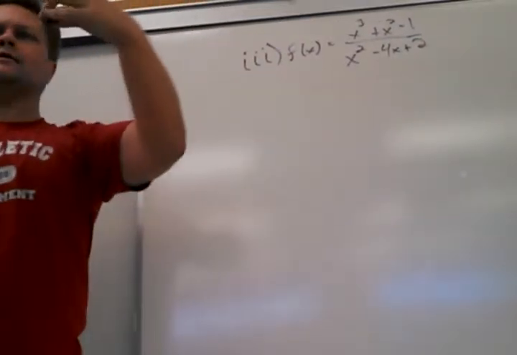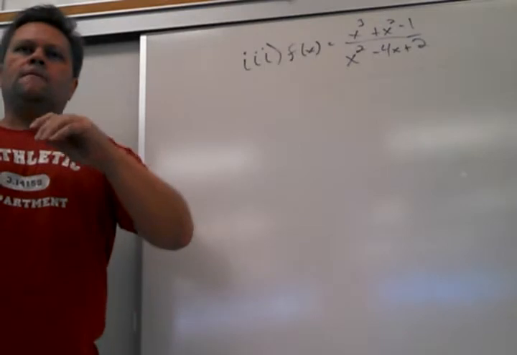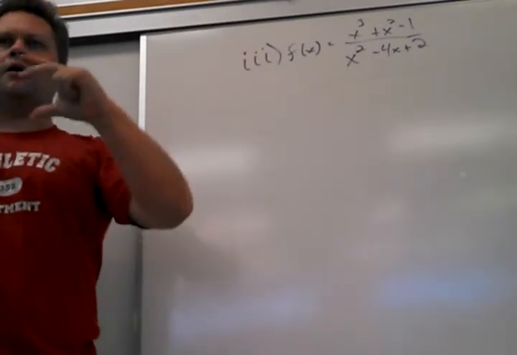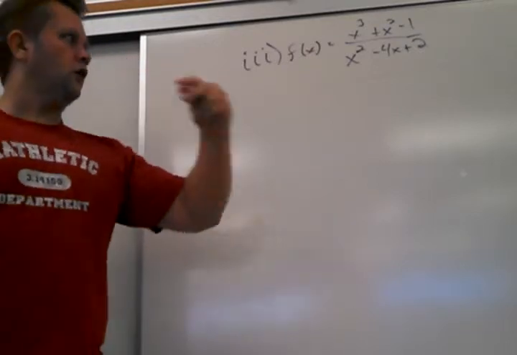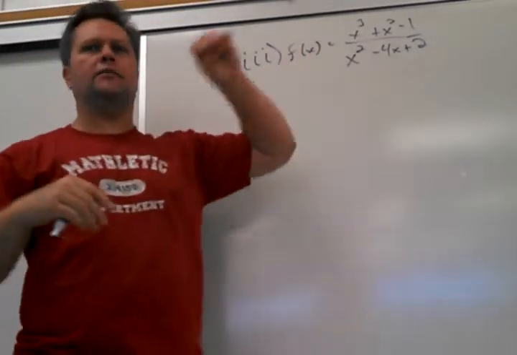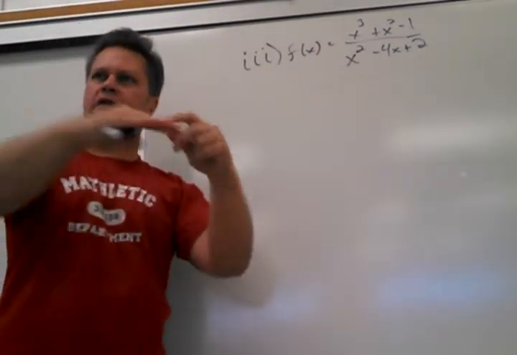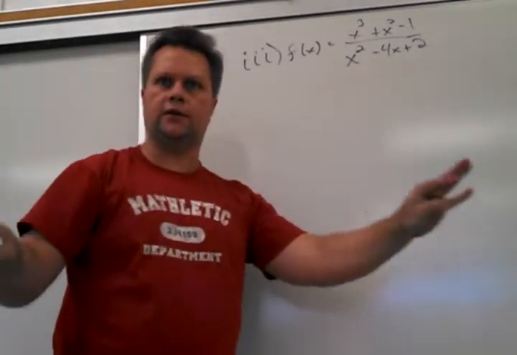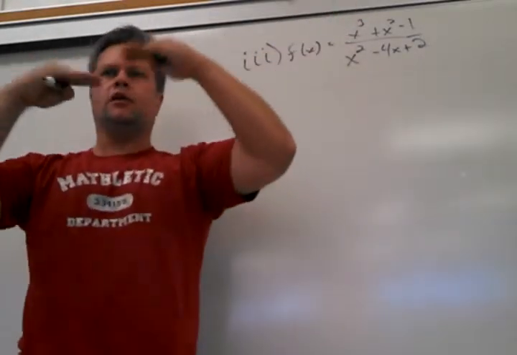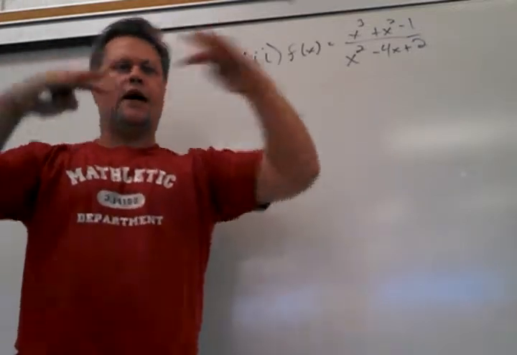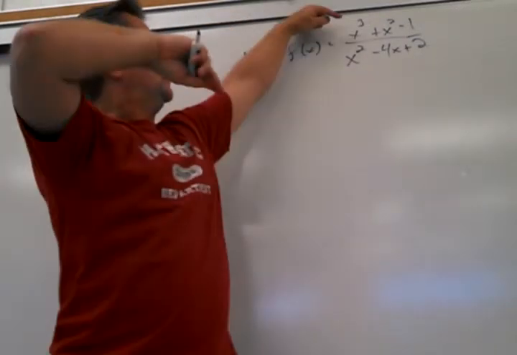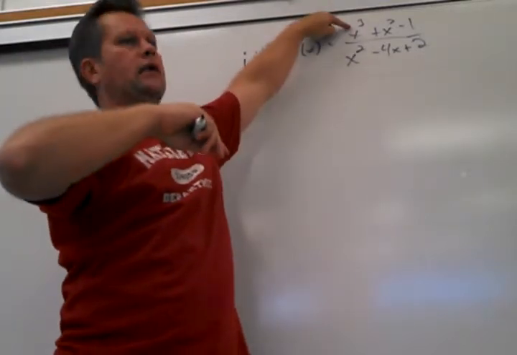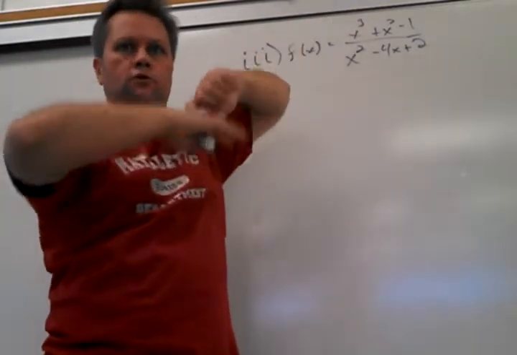The whole idea is, is the bottom enough to keep the top in check? If the bottom is a higher degree than the top, it overcompensates. It totally kills it. It makes it go to 0. If they're the same degree, they're locked up with each other, so they're going to divide to some finite number. If the top is a higher degree, then the bottom can't keep up with it. The whole thing's going to just go to infinity.